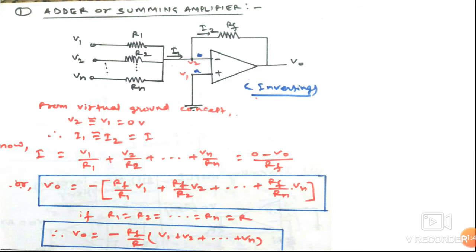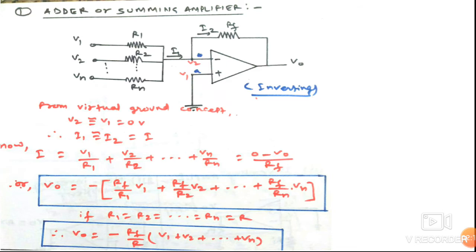Now, as the potential difference is 0 between inverting and non-inverting terminals, practically 0 current flows inside the operational amplifier. So current I1 will be equal to current I2, which goes to the output side. We can write I1 equal to I2 equal to, let's say, I.